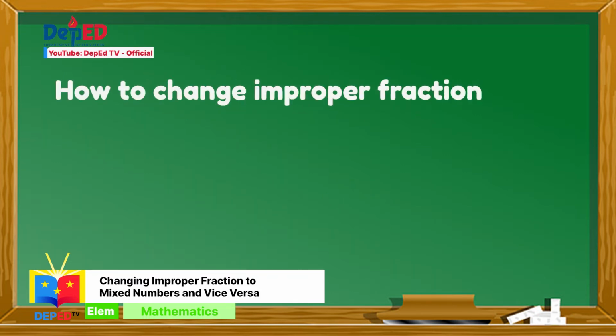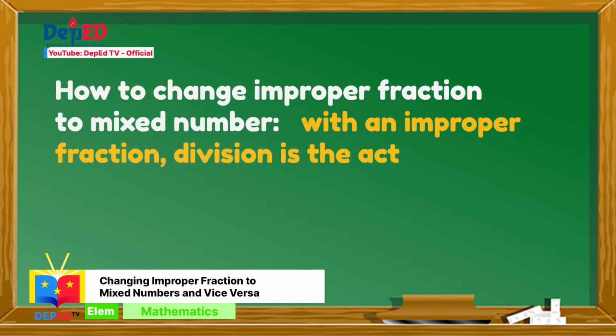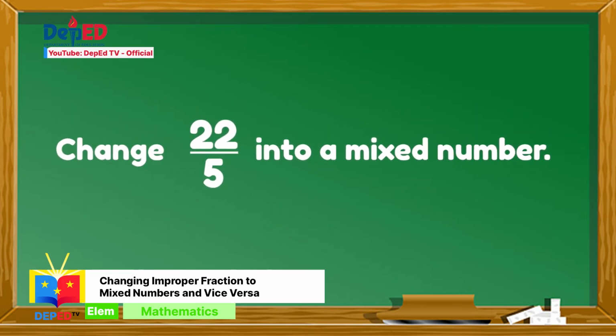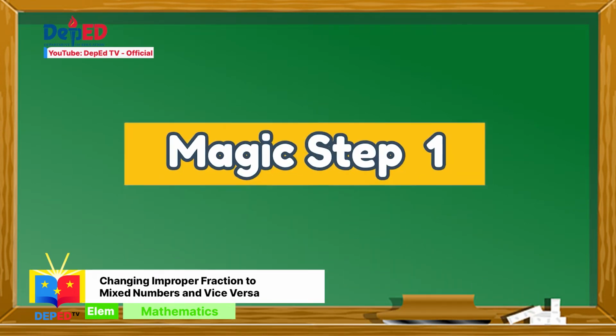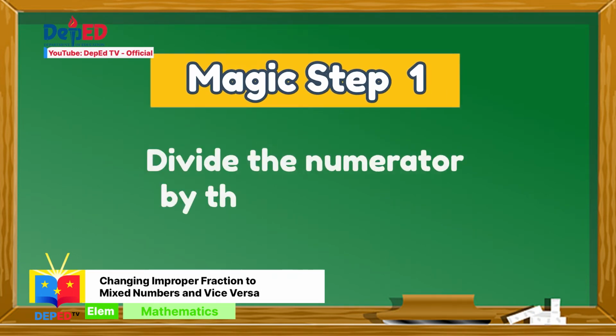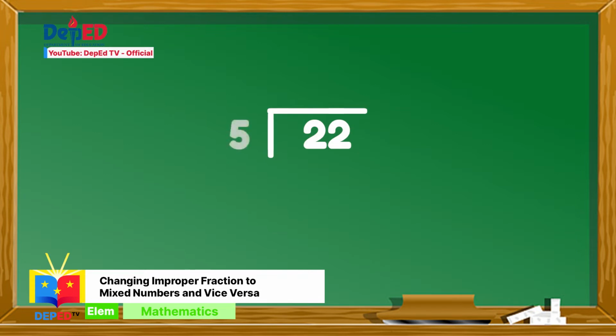Here are the magic steps on how to change improper fraction to mixed number. With an improper fraction, division is the action. Change 22 over 5 into a mixed number. Magic step number 1. Divide the numerator by the denominator. 22 divided by 5.